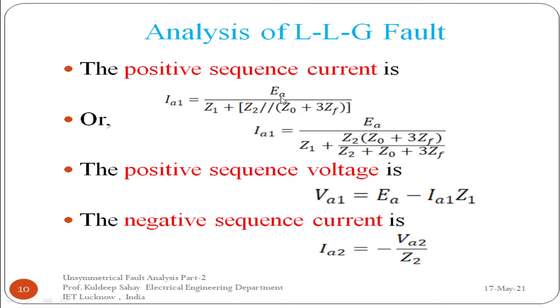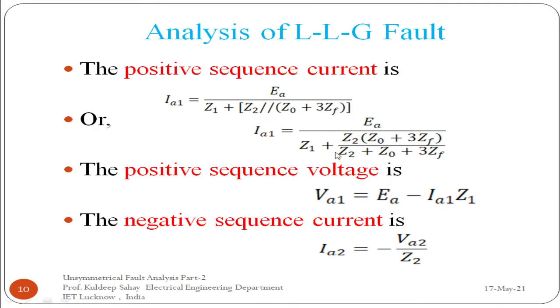If ZF equal to 0, this will be the product Z2 into Z0 divided by Z2 plus Z0.